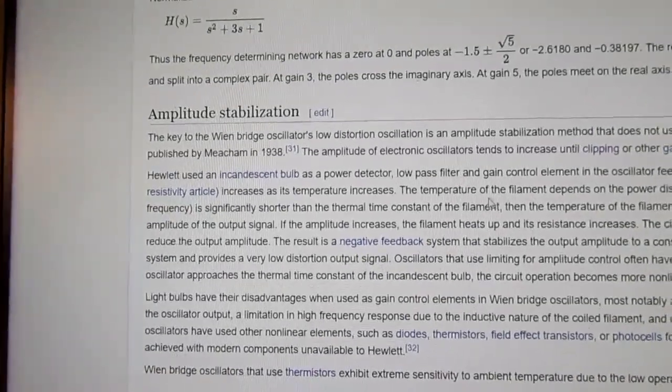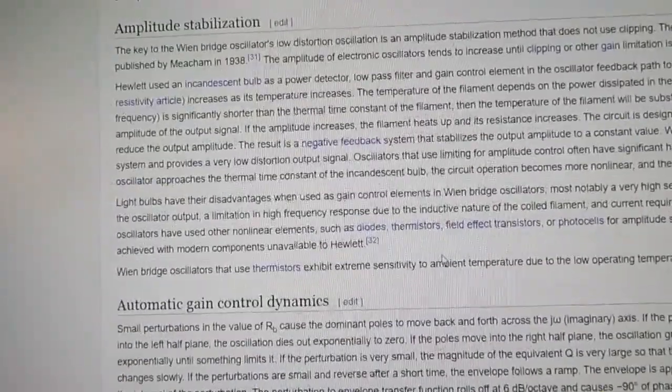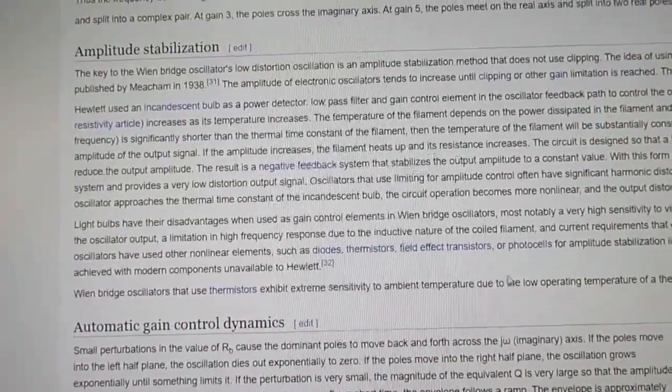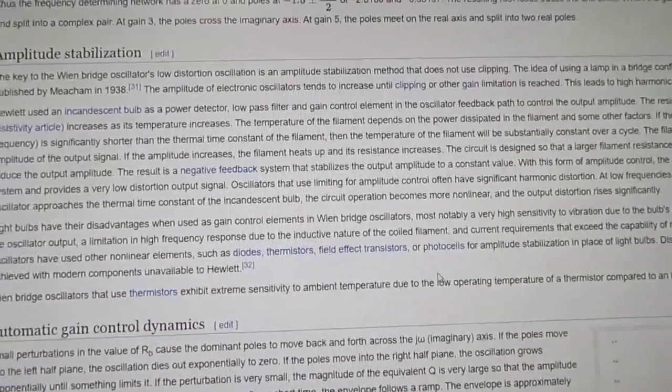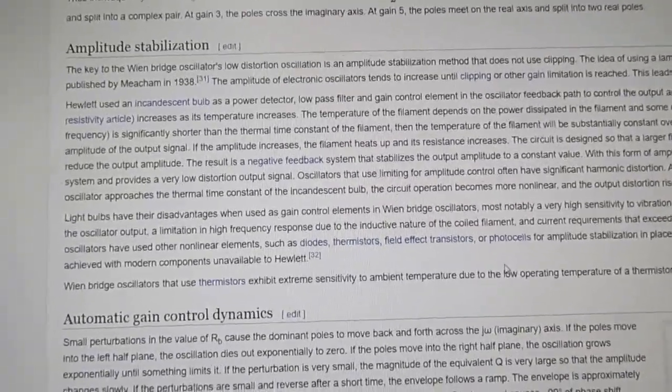Hewlett used an incandescent bulb for this purpose. Light bulbs have their disadvantages when used as gain elements in Wien bridge oscillators, most notably a very high sensitivity to vibration due to the bulb's microphonic nature.